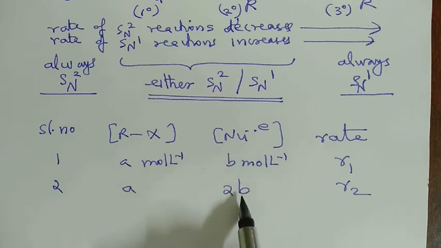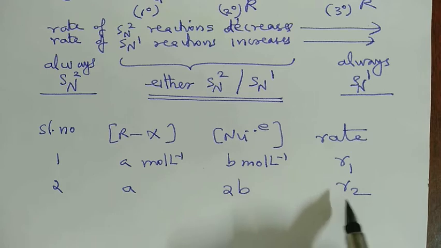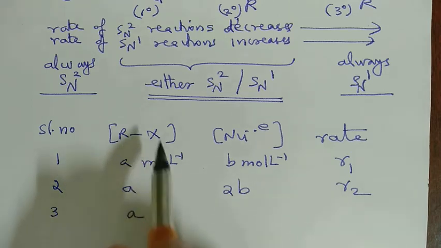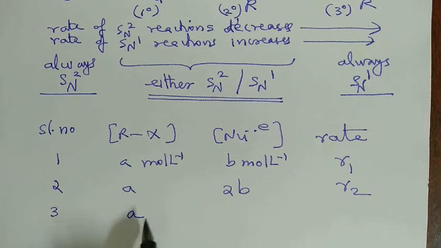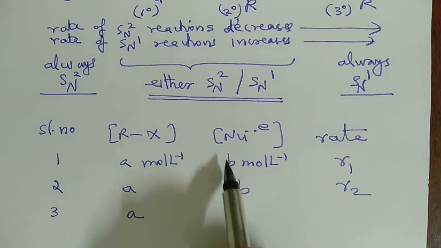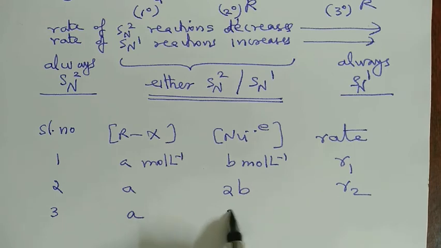The rate is found to be R2. In the third experiment, concentration of alkyl halide is again A mole per liter, but that of nucleophile is tripled, that is 3B mole per liter. Suppose the rate obtained is R3.